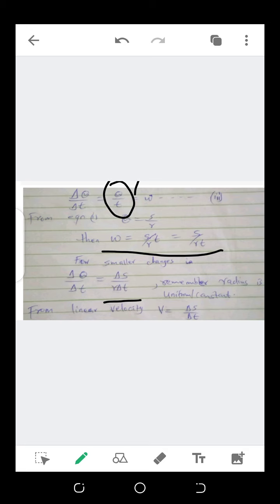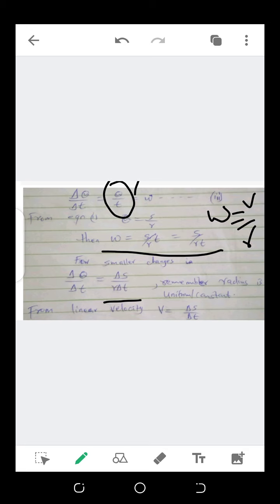Then I'll get change in theta over change in t equals v over r. Now that becomes my omega is equal to v over r, and that is the representation of angular velocity in terms of linear velocity.